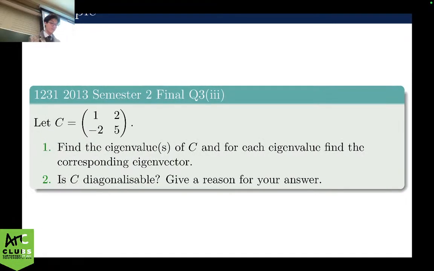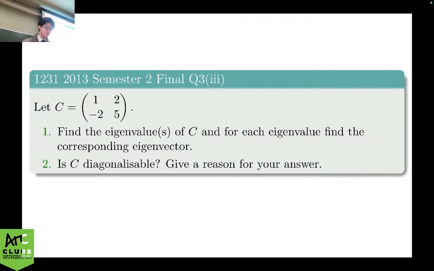Moving on to this example, we let C equal 1, 2, minus 2, 5, a 2 by 2 square matrix. We want to first find the eigenvalues of C, and for each eigenvalue, find the corresponding eigenvector. As we remember from the previous slides, we can find the eigenvalues by computing the determinant of C minus lambda I equaling 0.